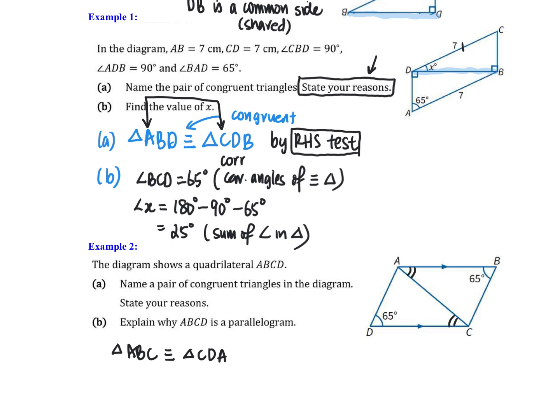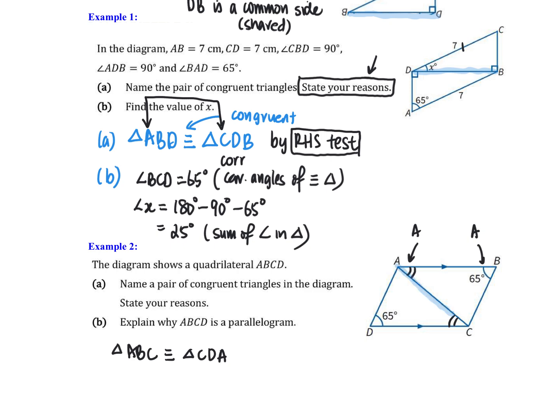Can you tell me which property you can use? Which test or which property can you use here? We definitely have two angles. AAS, right? Where's the S? AC, very good.